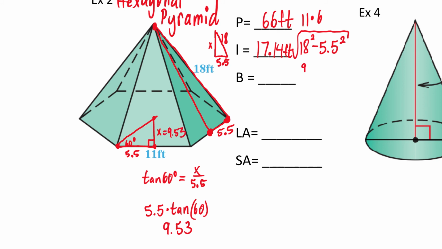So for the area of the base, we're going to go apothem times the perimeter divided by 2. What does that give you? 314.49.